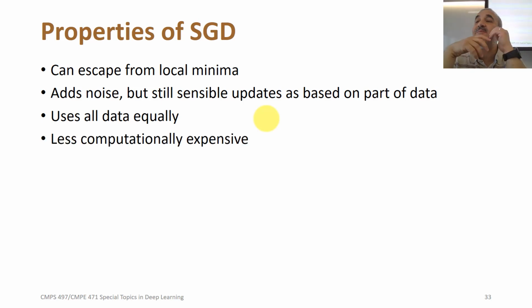It is less computationally expensive. Why is that? You mean faster? Maybe, but actually that's not the main reason here. The main reason here is that we are computing the gradient over a small subset of examples and then do the change.